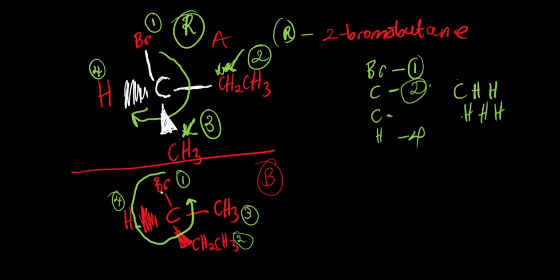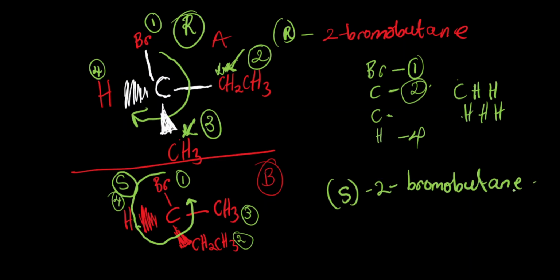Notice that we go in an anti-clockwise direction. So this has an S configuration. Very interesting. So this is S-2-bromobutane. So we can see our two mirror images.